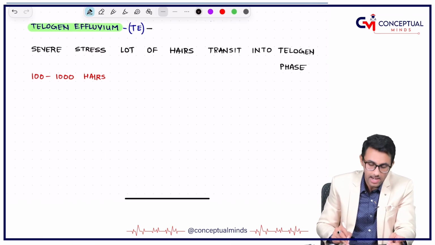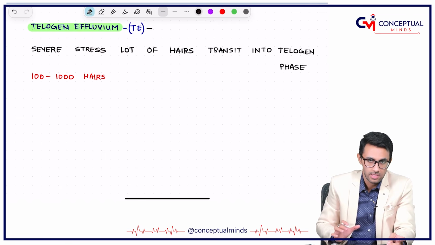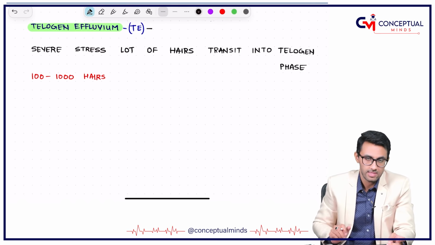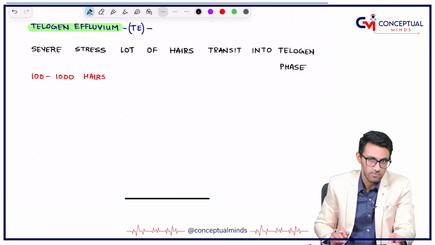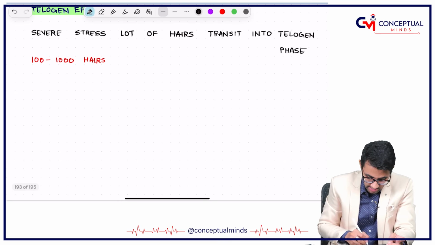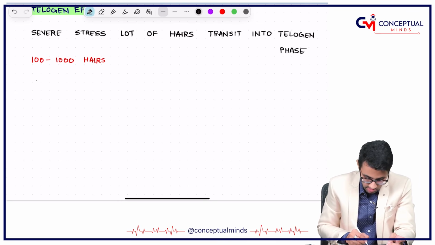What are the other states in which we could have this condition, telogen effluvium? Some severe trauma, like after childbirth, after pregnancy, during childbirth.